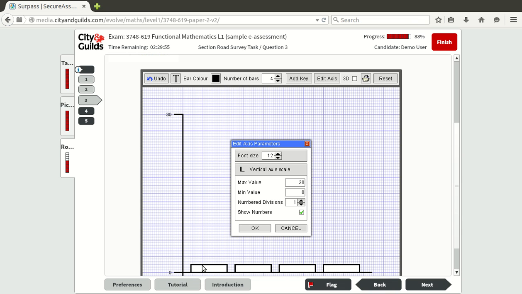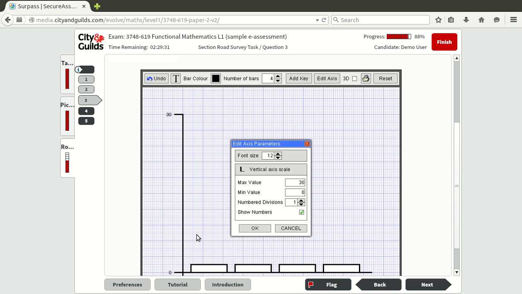So let's see how much it goes up by. 5, 10, 15, no, 5, 10, 15, 20. So where can I find 1? Let's have a look. So it seems that's last.